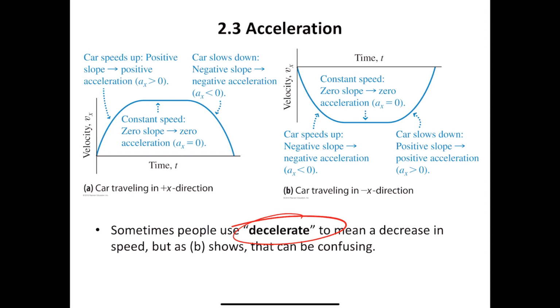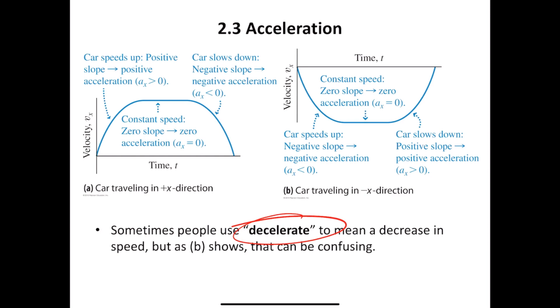If the velocity vector is going up and the acceleration is down, you're opposing it, so the velocity becomes slower until it reaches 0. Because they are opposite, we say this is decelerating. So decelerating is not the best term in science.